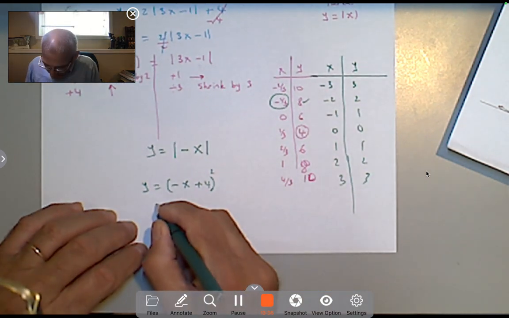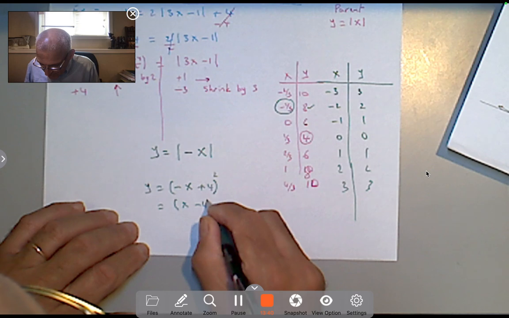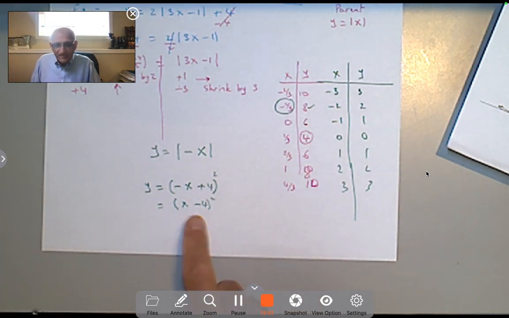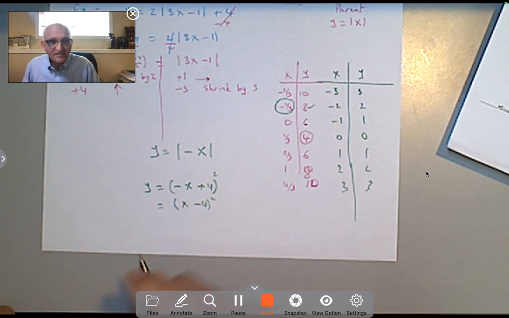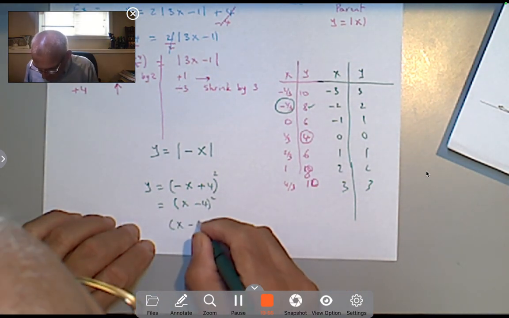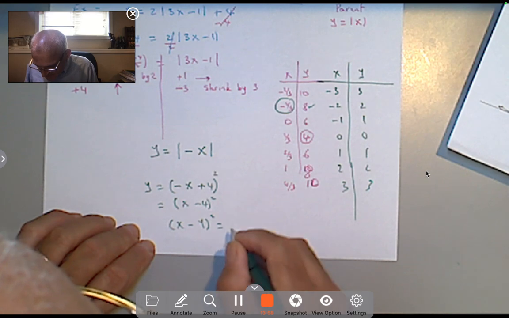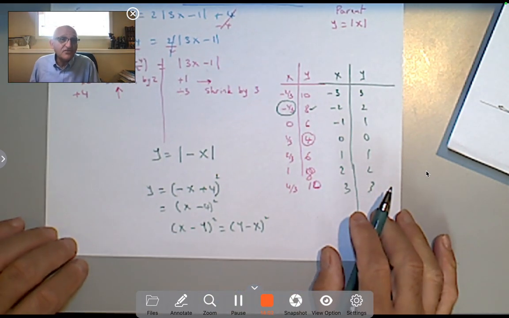But I can tell you it's the same as x minus 4. You don't need to do 2 steps. You simply add 4. Do you see that these two are the same? If you don't, you have to learn this fact. x minus y squared is the same as y minus x squared. And this happens for even functions.